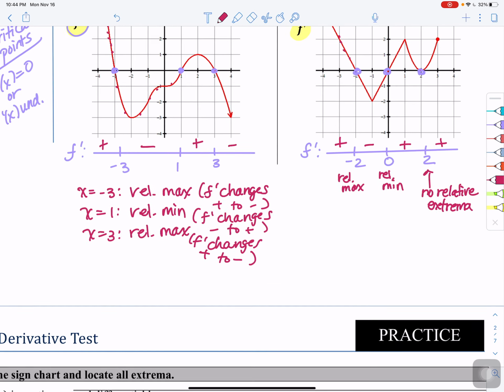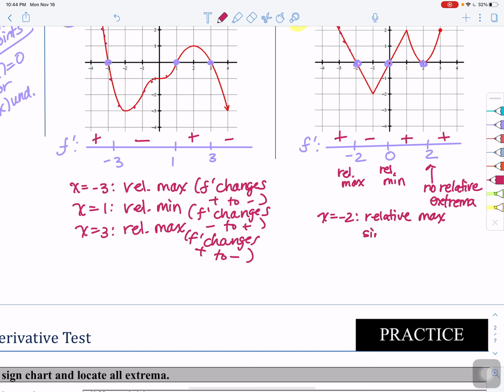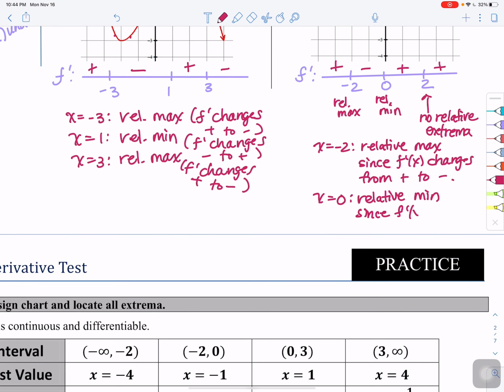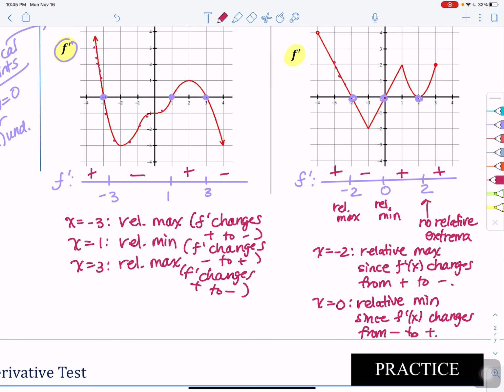So at x equal to -2, we have a relative max since f prime of x changes from positive to negative, and that at x equal to 0, we have a relative min since f prime of x changes from negative to positive. And that concludes topic 5.2.